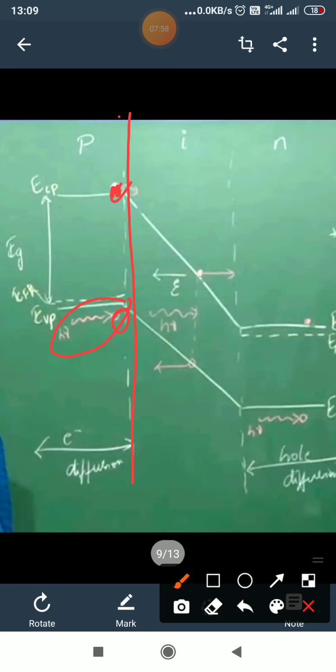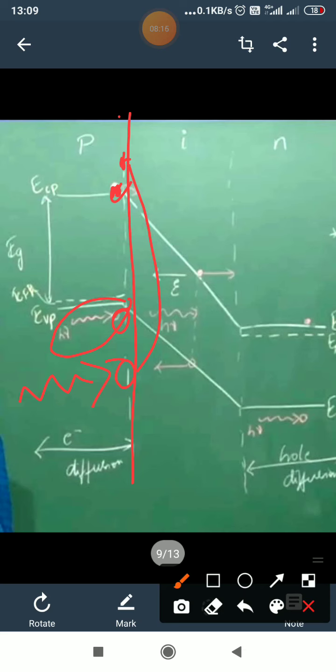What happens when light energy falls on a particular P region? An electron hole pair will be generated. This is the hole and this is the electron. Where exactly will the hole be? The hole will be present in the valence band, and the electron will be present in the conduction band.